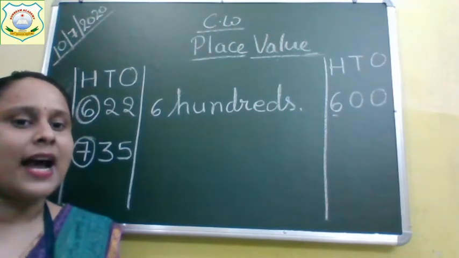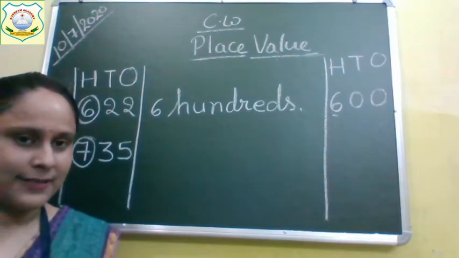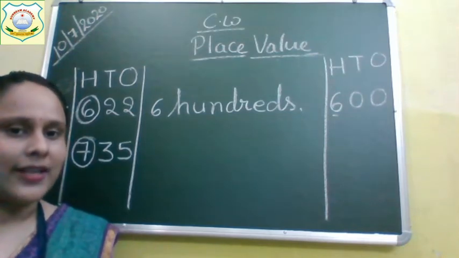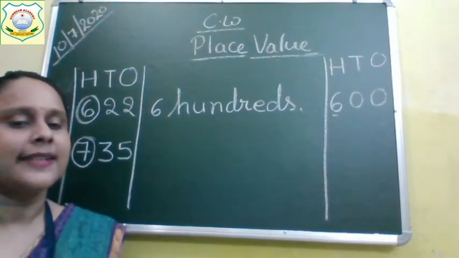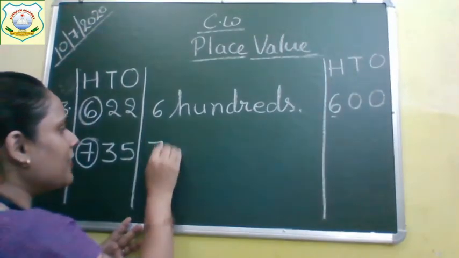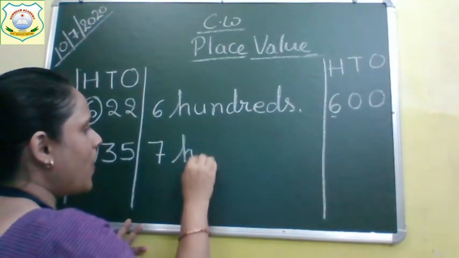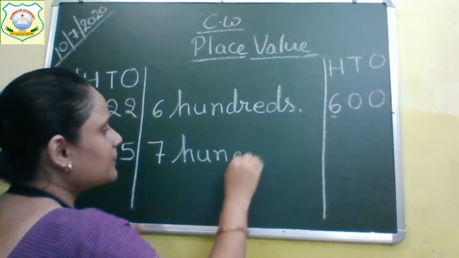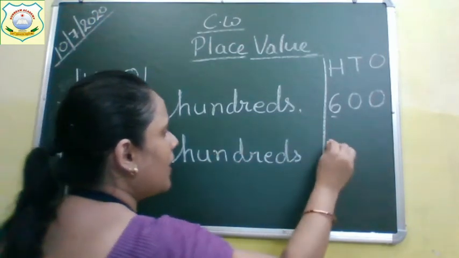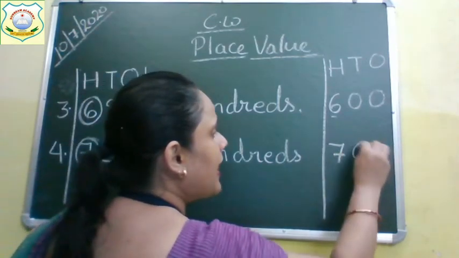So when a number is written in the hundreds place, what is its place value? If 7 is written in the hundreds place, its place value is 7 hundreds or 700.